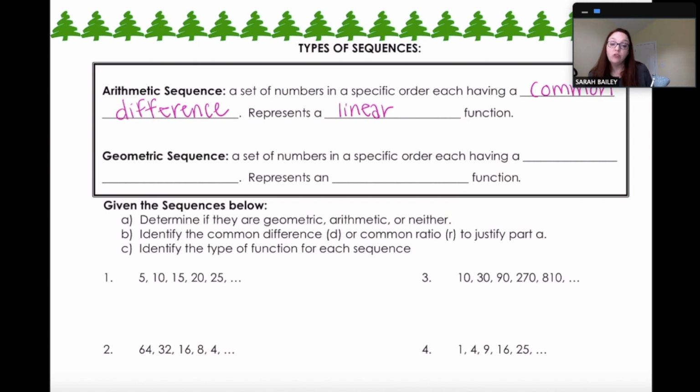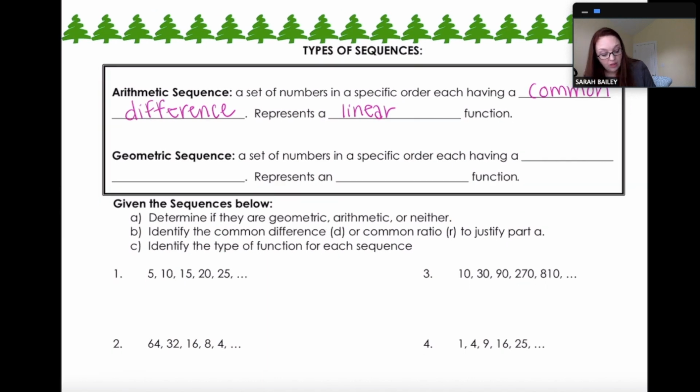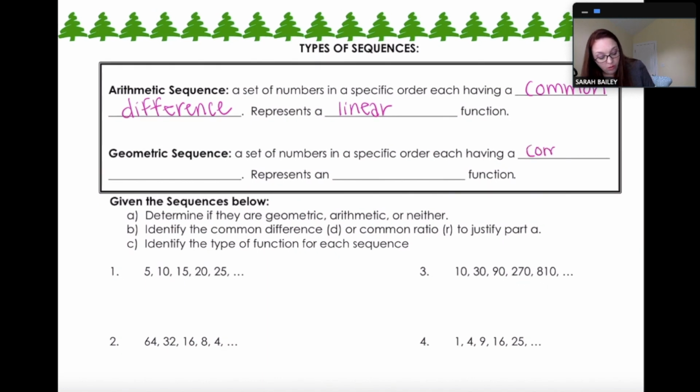A geometric sequence is a set of numbers in a specific order, each having a common ratio, and it would represent an exponential function.